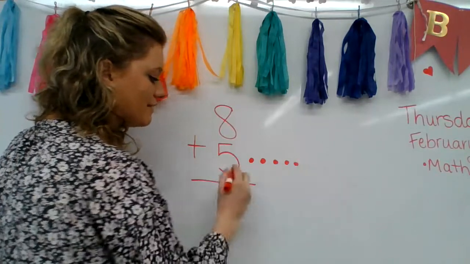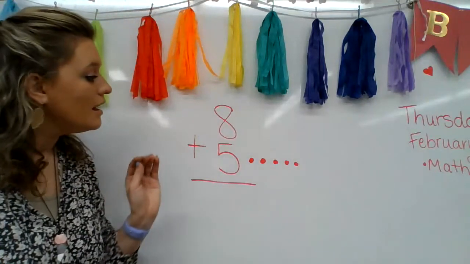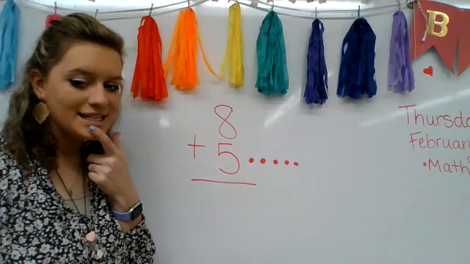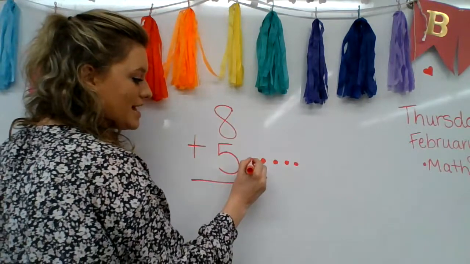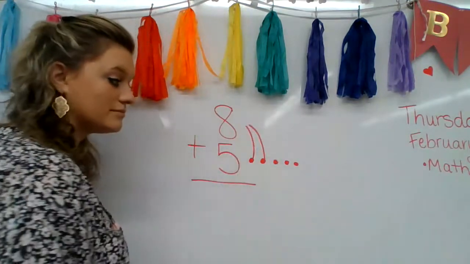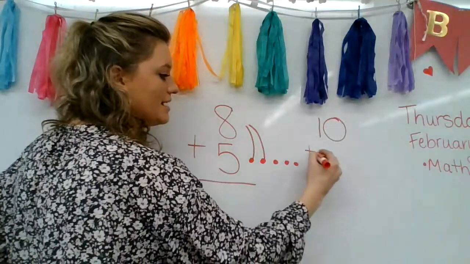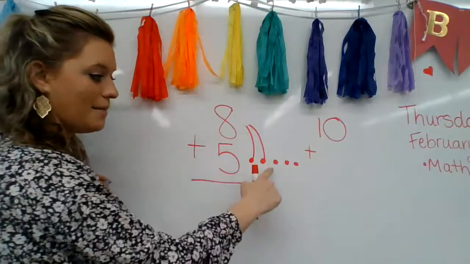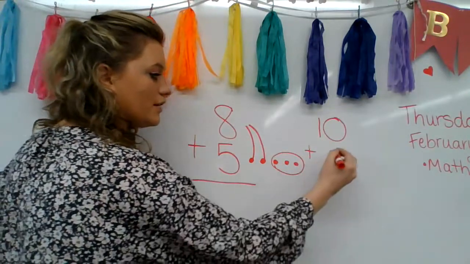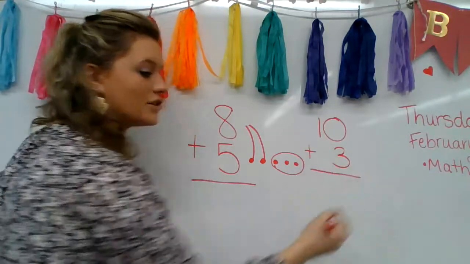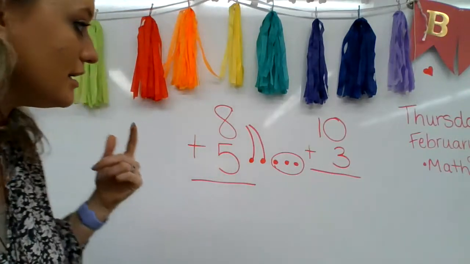Okay, there's 5, because that was 5, right? 8 plus, how many do I need to get to 10? 8, and I can even count while I do it. 8, 9, 10. So that made 10, right? How many dots are left over? 3 are left over.